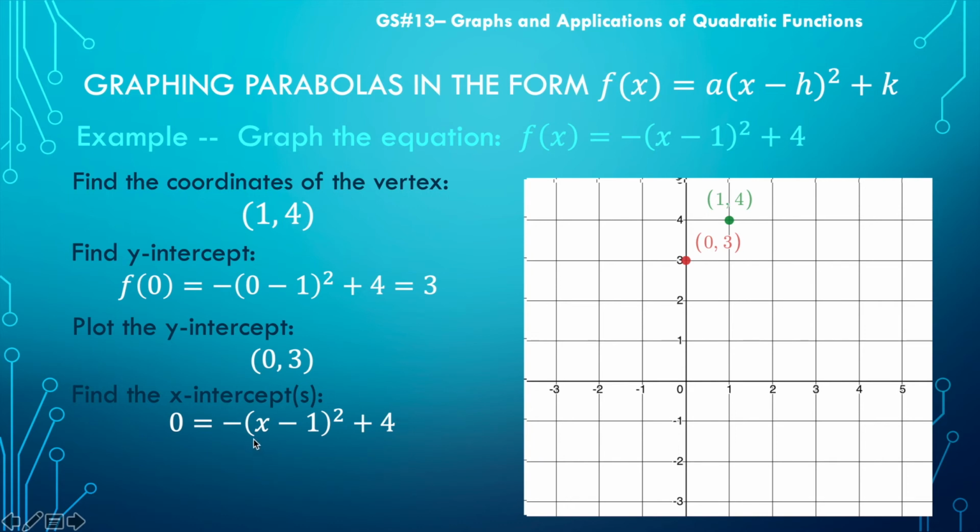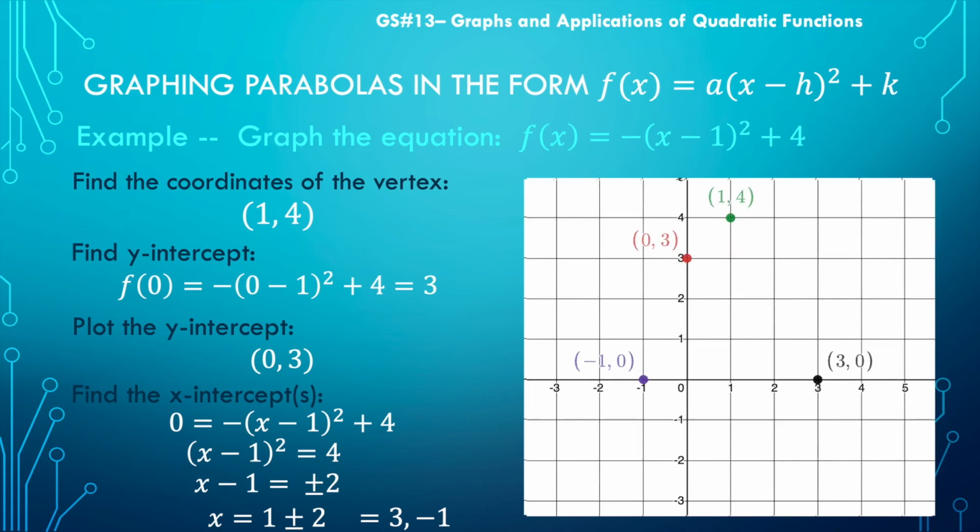So let's shift this quantity to the left-hand side, take the square root of both sides, and make sure we remember that plus or minus, and then add a 1 to both sides to isolate x. So we get x is equal to 1 plus 2 or 1 minus 2, which is 3 or -1. So our x-intercepts, if I plot those, are right here.